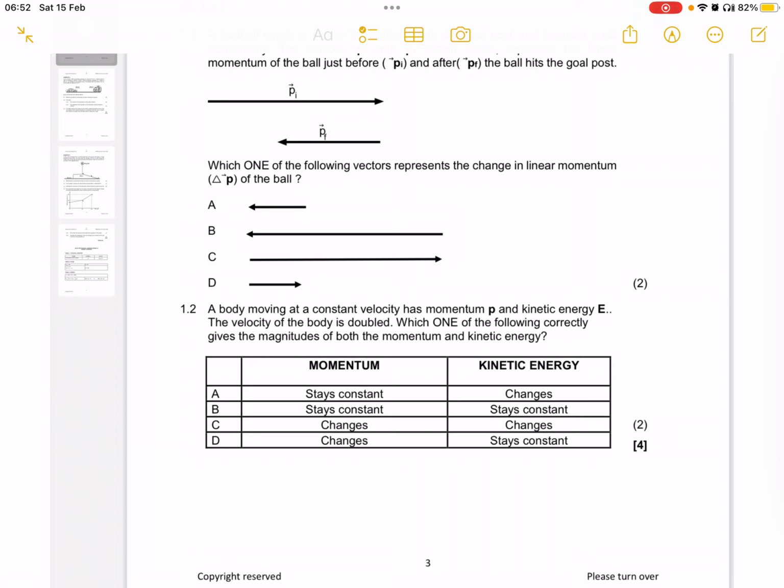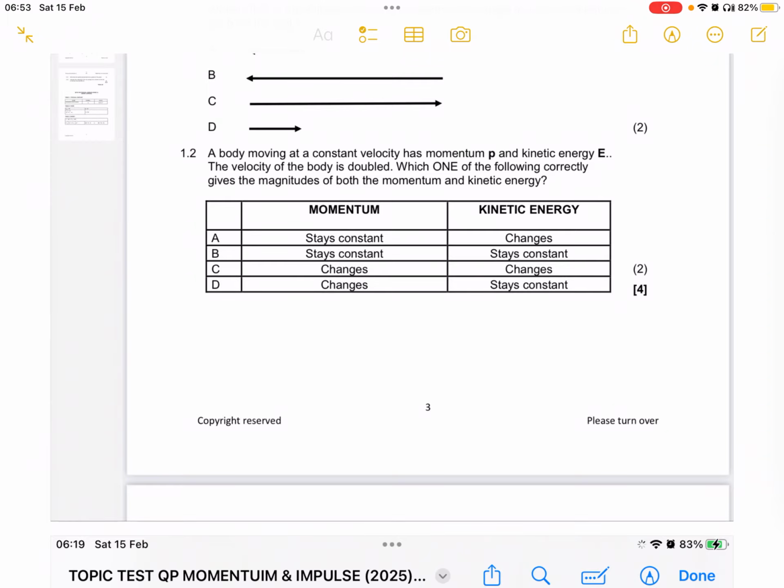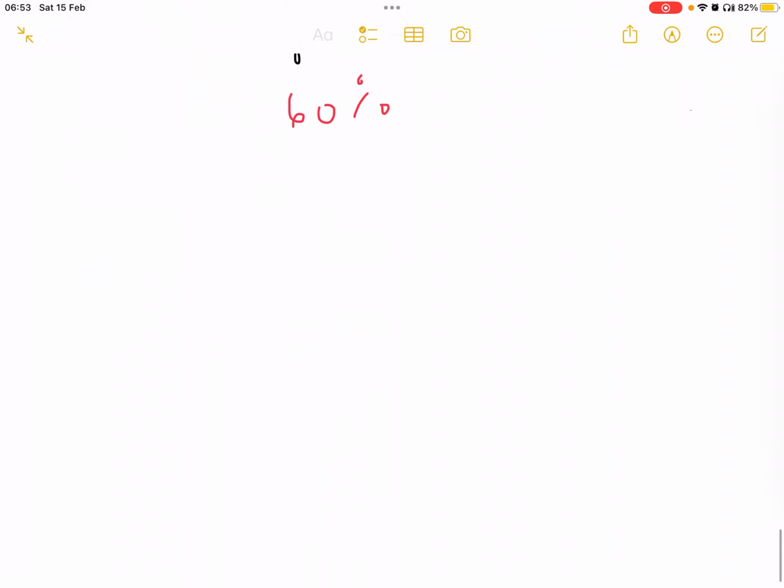A says momentum stays the same, kinetic energy changes. B says momentum stays constant, and kinetic energy stays constant. C says both of them change. D says momentum changes and kinetic energy stays constant.